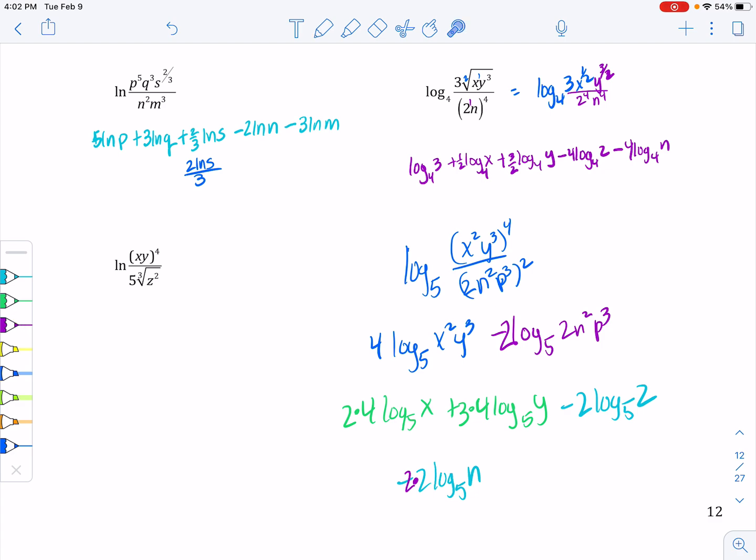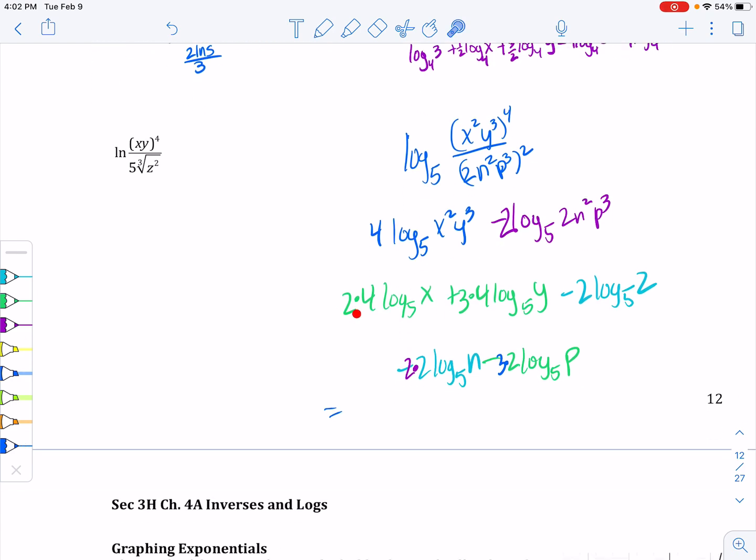And then I have minus 2 log base 5 of p, but the cubed power goes out in front, so I would really be timesing by 3 here. So when I simplify that, that turns into 8 log base 5 of x plus 12 log base 5 of y minus 2 log base 5 of 2 minus 4 log base 5 of n minus 6 log base 5 of p.